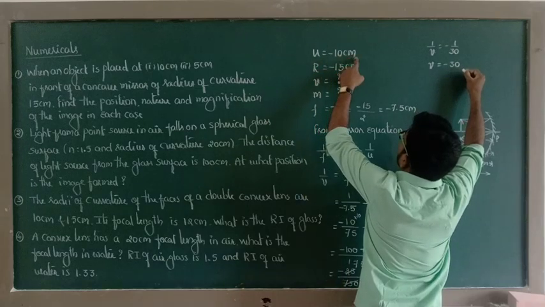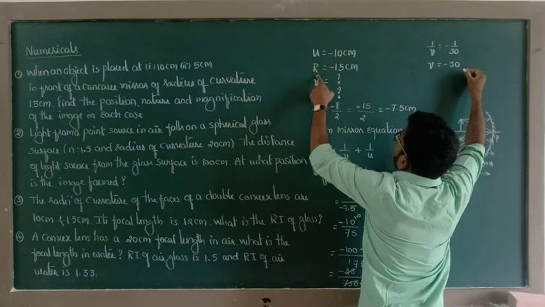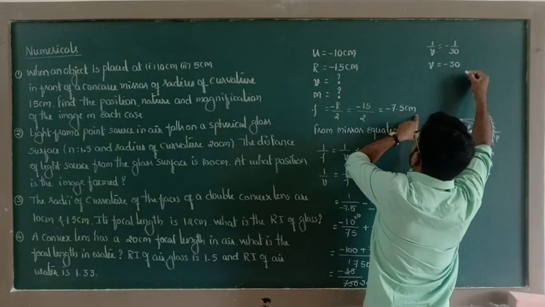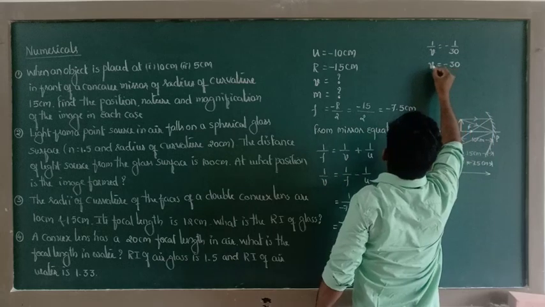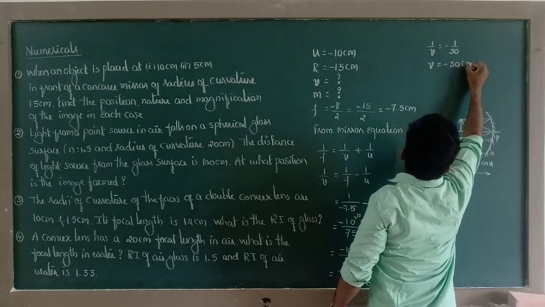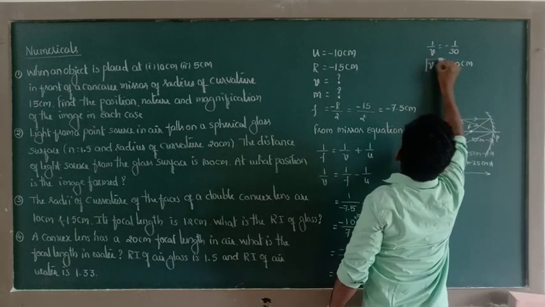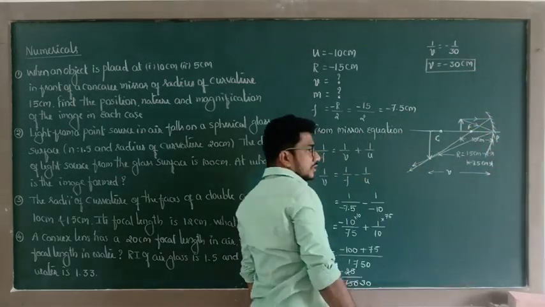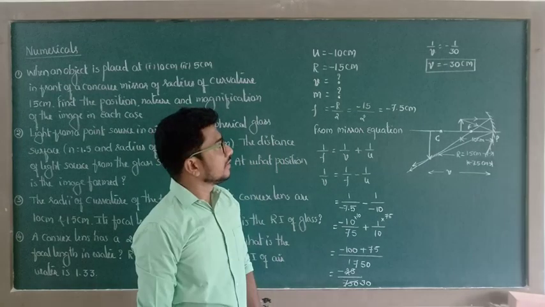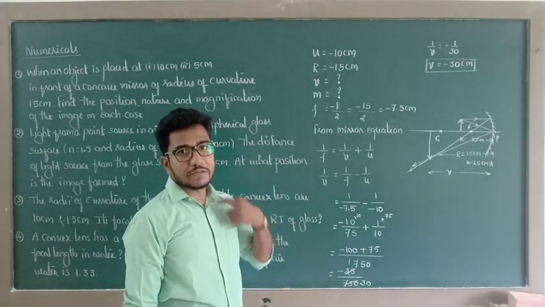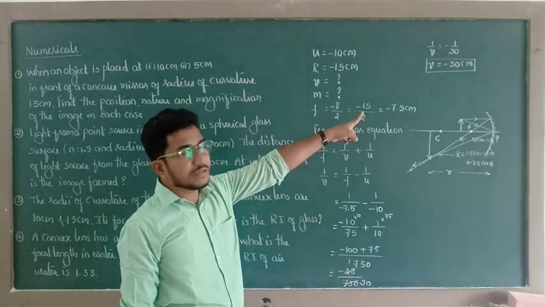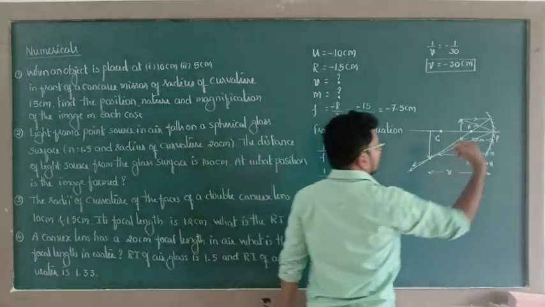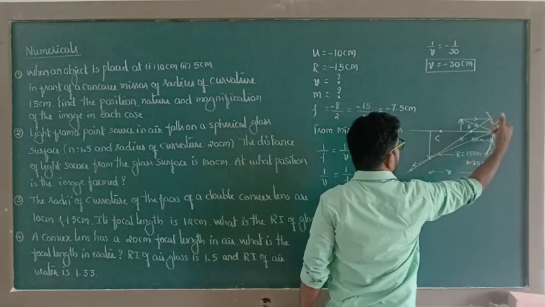Object distance, radius of curvature and focal length are in terms of centimeter. Therefore, the image distance is also in centimeter. So the image distance is equal to minus 30 centimeter. Minus 30 centimeter means again that the measurement is opposite to the direction of incident light. See the distance between the pole and the position of the image.